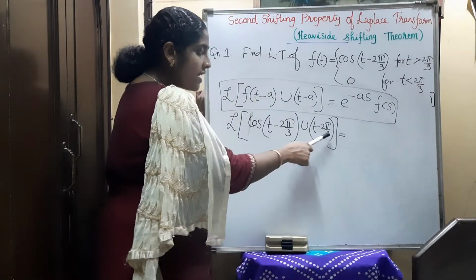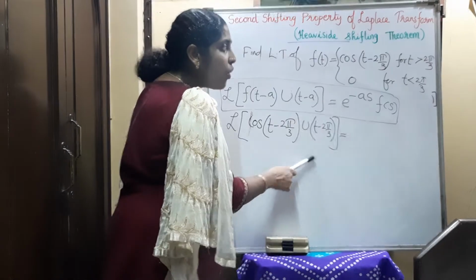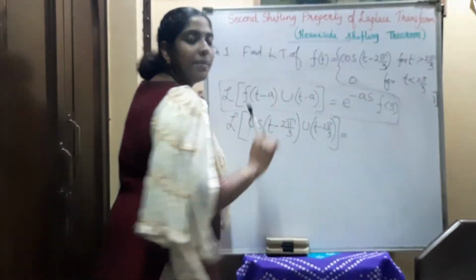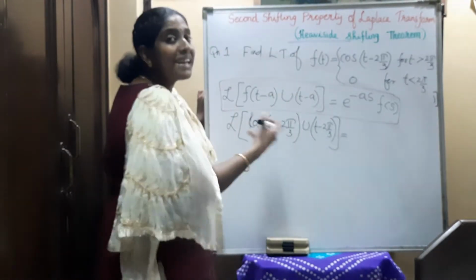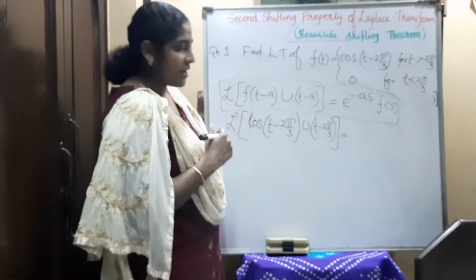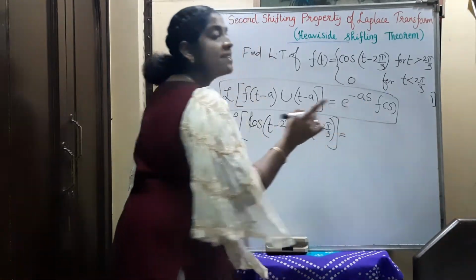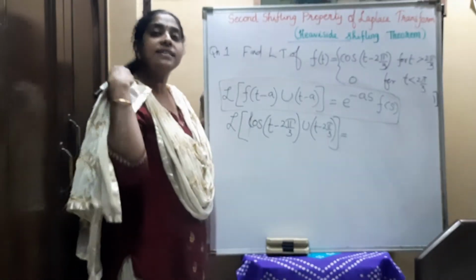And when t is less than 2 pi by 3, this unit function is 0, so it completely becomes 0. So the same question we are writing by introducing the unit step function here. Then according to the second shifting property, the answer is e raised to minus as F of s.